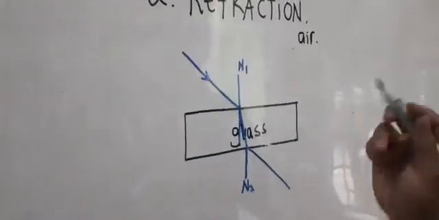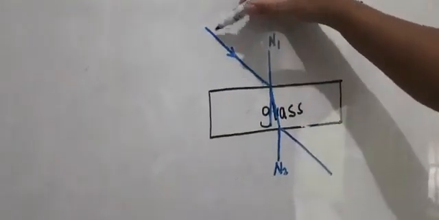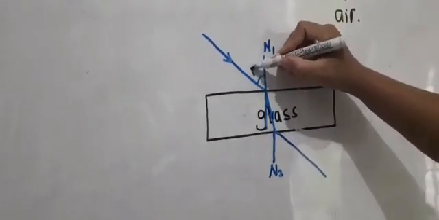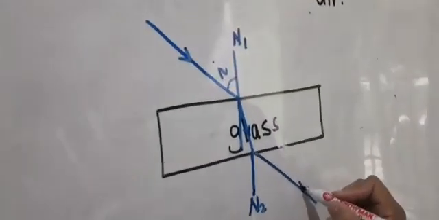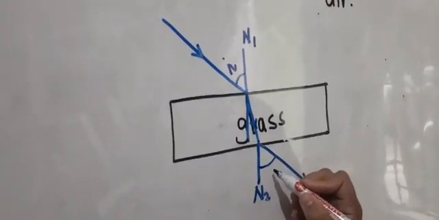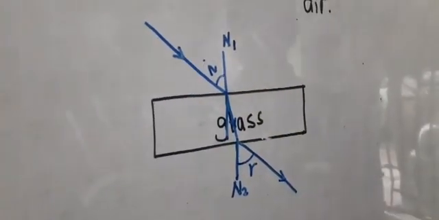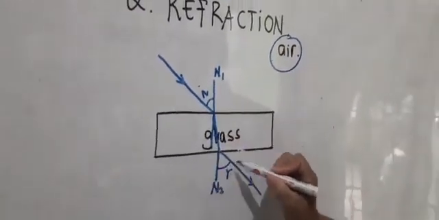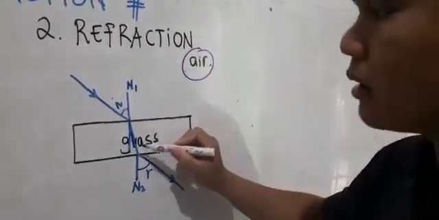Now let's name the angle between the incident ray and the normal line, which is the incident angle I, and the angle between the refracted ray and the normal line, which is the refracted angle R. When the light comes from the less dense medium like air to the more dense medium glass, the light will be bent towards the normal line.